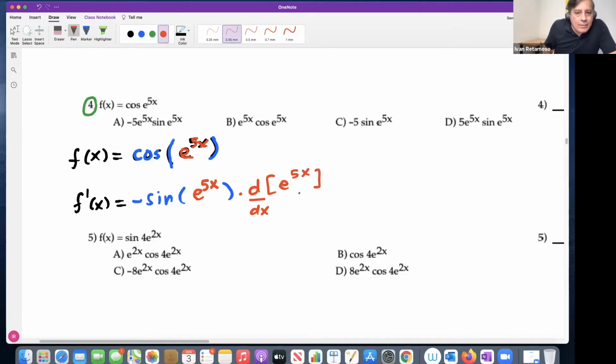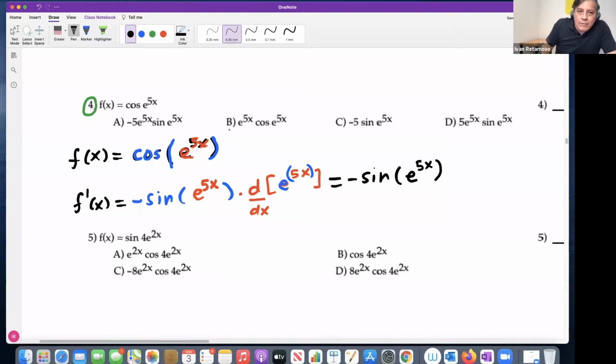But it turns out the inside function is itself a composite function, right? A composite function, not a problem, because we know how to deal with it. Again, this is the outside function. This is the new inside function. So this will become the following: minus sine of e raised to 5 times x, multiplied by this derivative.